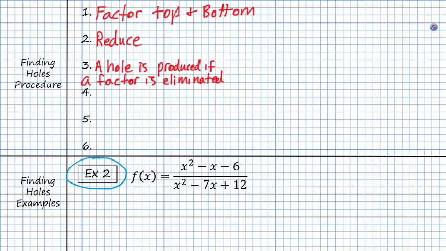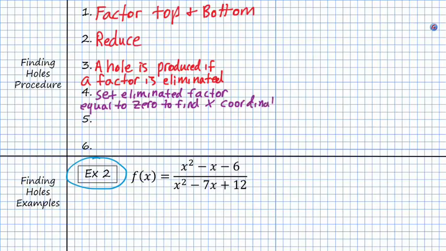Then to find the x-coordinate of the hole, you're going to set the eliminated factor equal to 0 to find the x coordinate. So we're going to set the eliminated factor equal to 0, and then that will find our x coordinate for it.